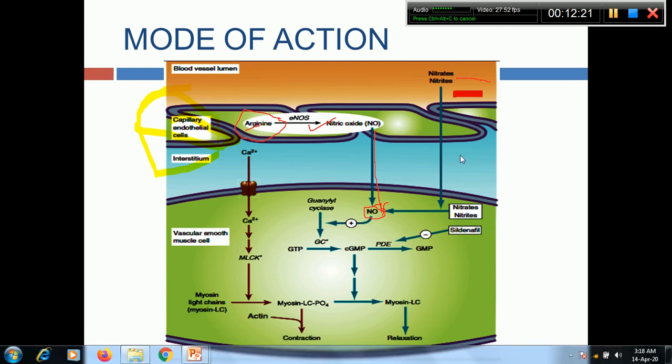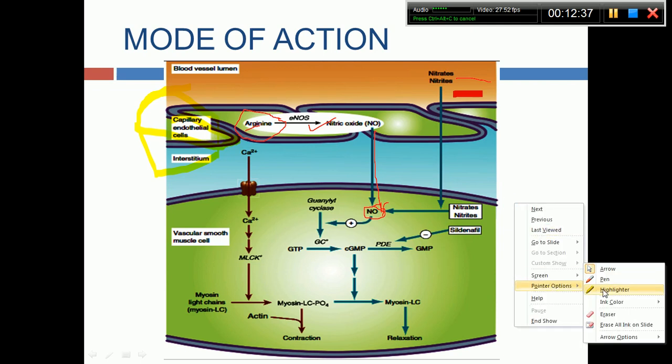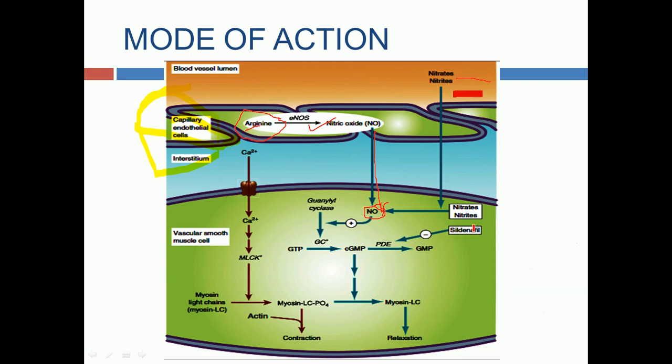So the denitrification, nitrates are taken up here in the smooth muscles, and the denitrification occurs by glutathione S-transferase. Then what happens? In denitrification, the nitrate ion is removed and it combines with oxygen and makes nitric oxide.